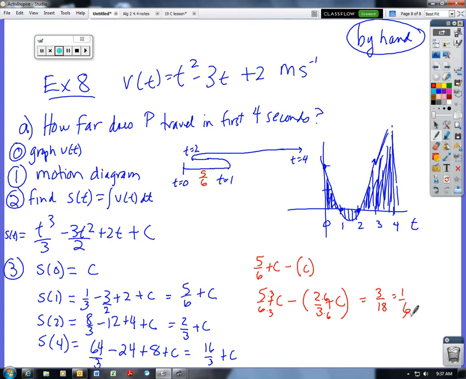Okay, 1/6. That doesn't make sense to me. That must not have dropped down very far in reality. That must be a lot smaller area than this other one right here. I'm just kind of looking at areas. Because, by the way, this would be 5/6, and this, according to my calculations, is 1/6.